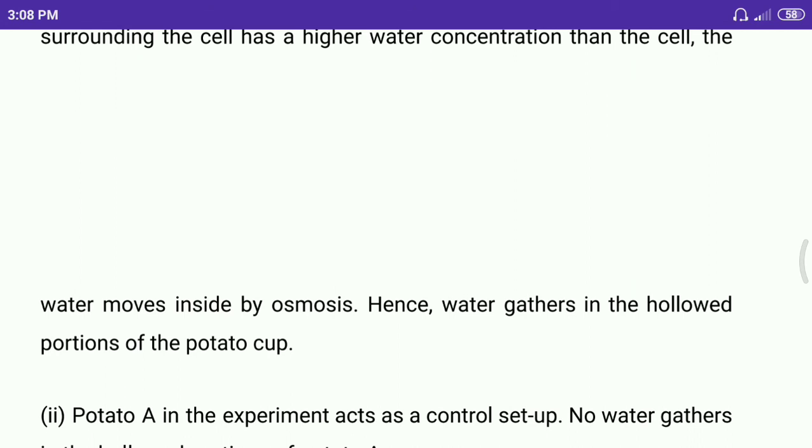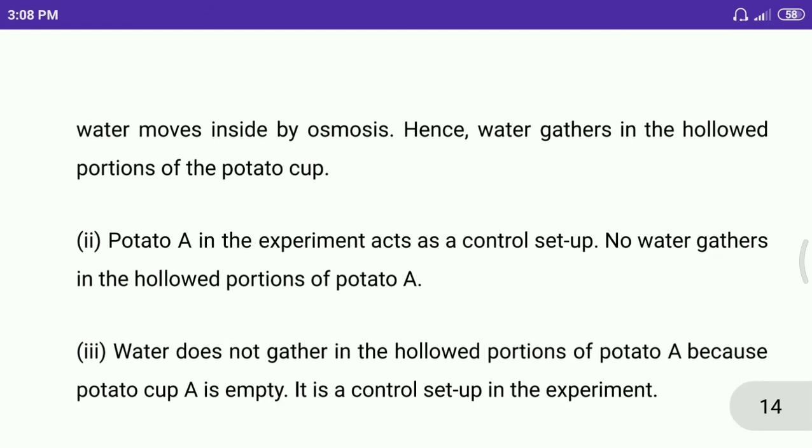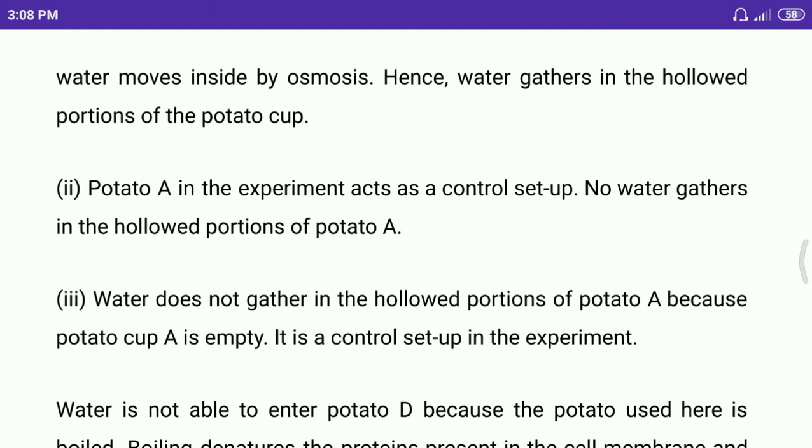Water moves inside by osmosis, hence water gathers in the hollow portion of the potato cup. Question 2. Answer. Potato A in the experiment acts as a control setup. No water gathered in the hollow portion of potato A.